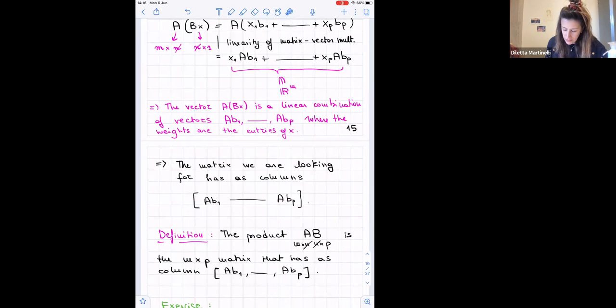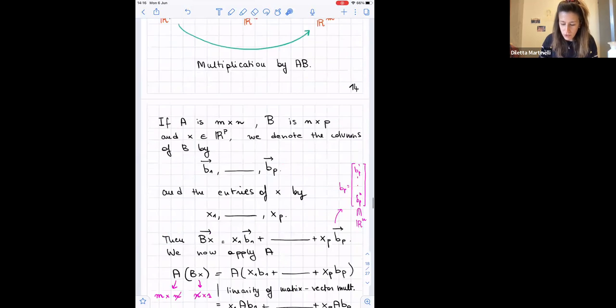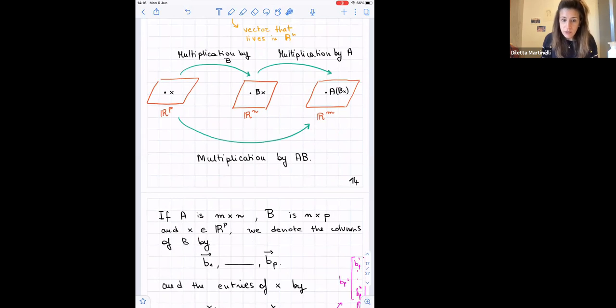Okay, and just note the size of the matrix that we obtain. We started from A that has size m times n. We multiply it by B that is n times p, and these two numbers need to be the same in order for the product of the two matrices to be defined. If we go back to the picture of the multiplication, the fact that the two numbers agree means that first we go from Rp to Rn with B, and then we need to start again from Rn.